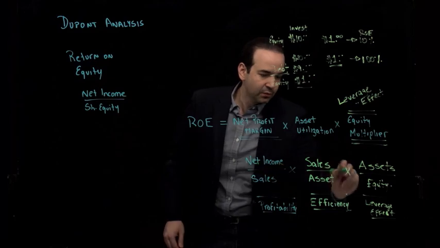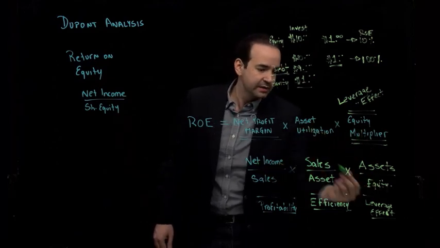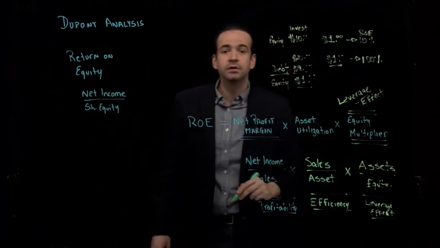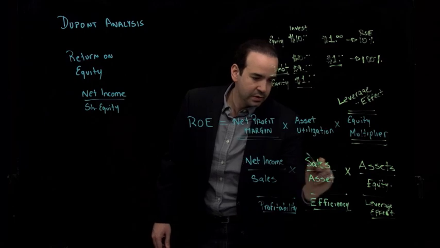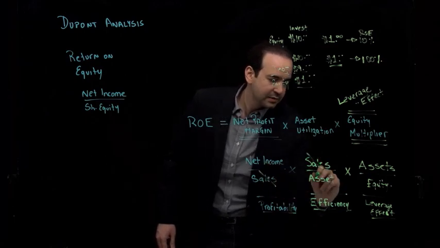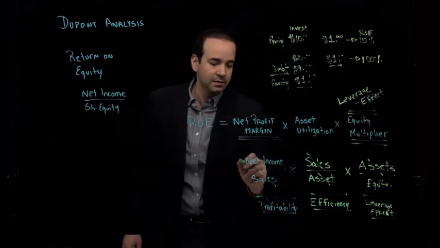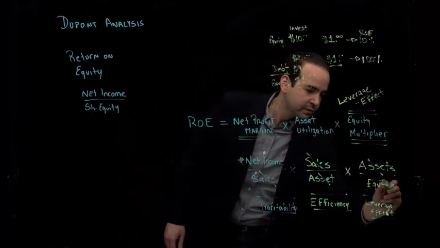If we look at this formula, if you look at each one of these ratios, you will see that this is a way to get each one of these ratios. If you multiply these three ratios, you'll be able to see that you can just cancel this term with this term and cancel this term with this term. So finally, you're left with net income and equity.